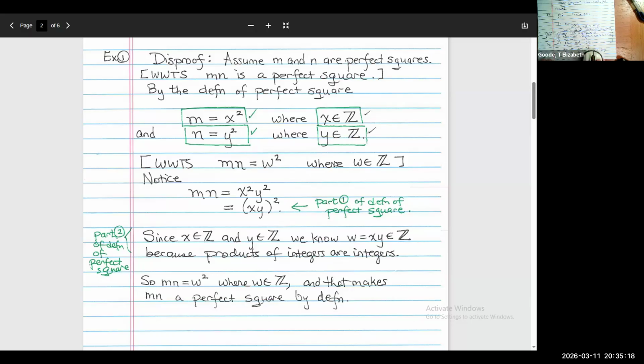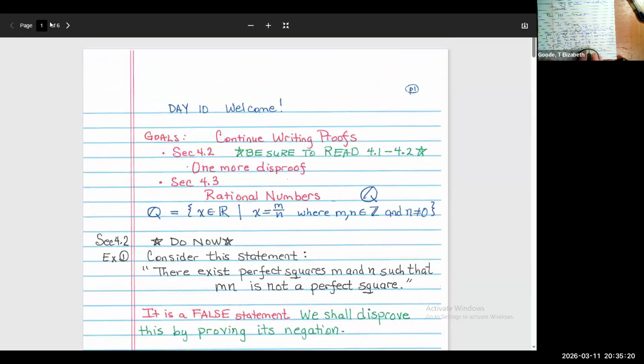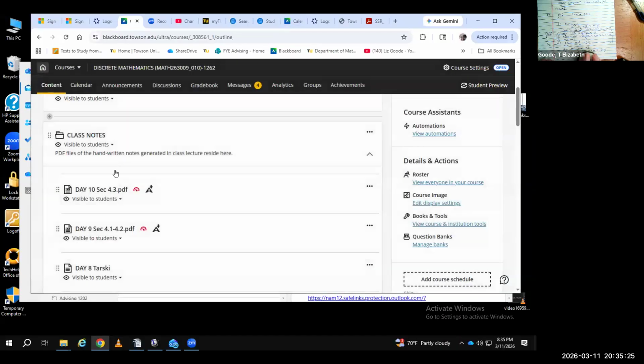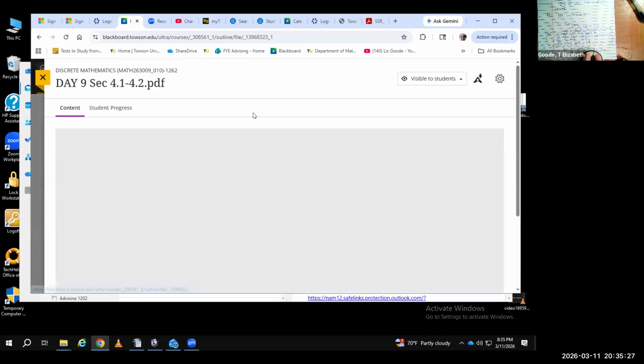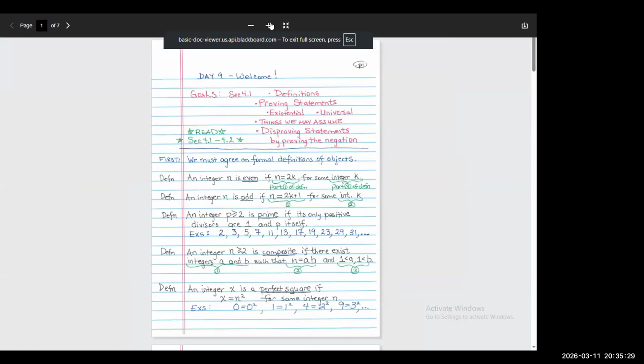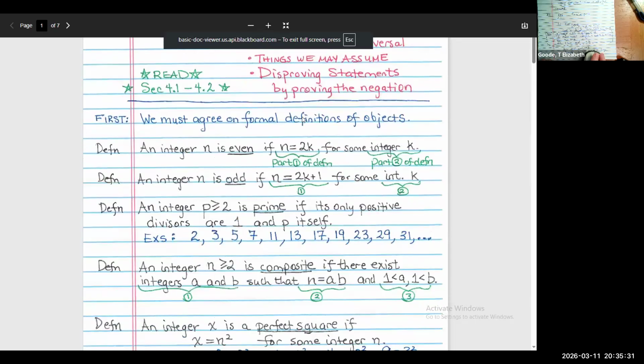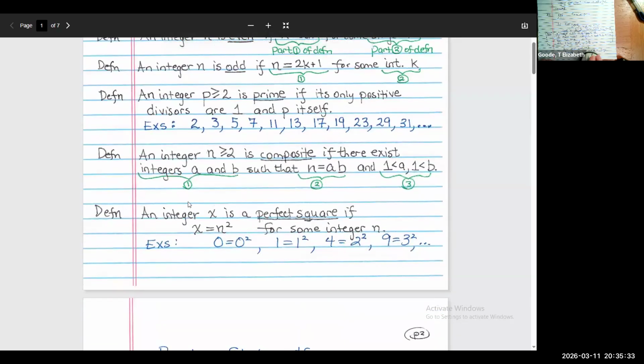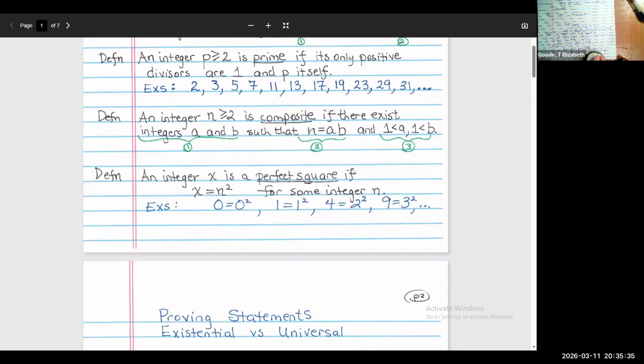How did I know this? I went back to the other day of notes and I reviewed the definition of a perfect square. And this first page of definitions is critical, right? An integer x is a perfect square if, and there are two parts here, x equals n squared, and then the second part is that n has to be an integer.